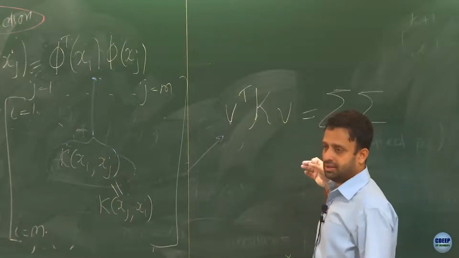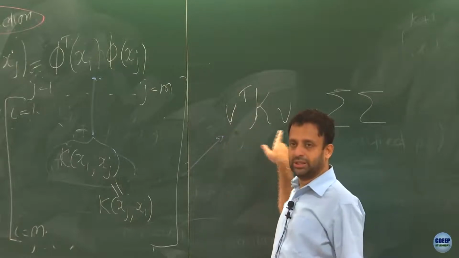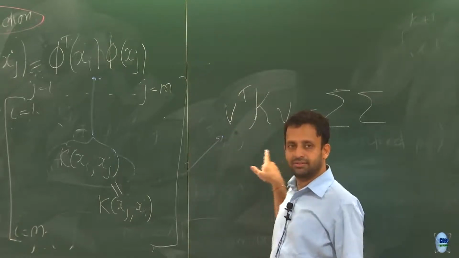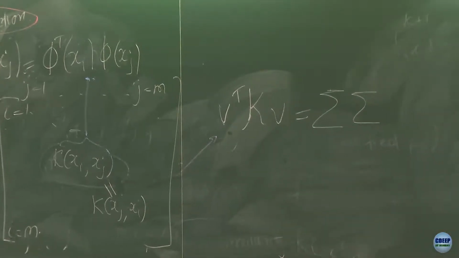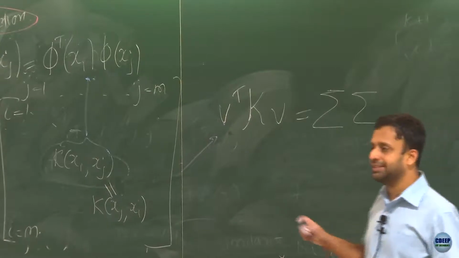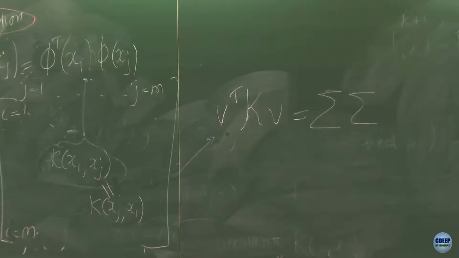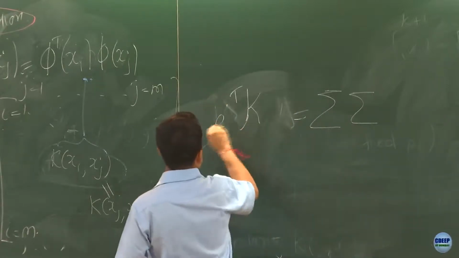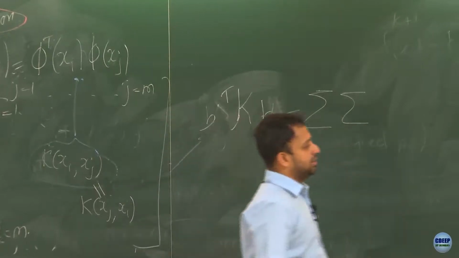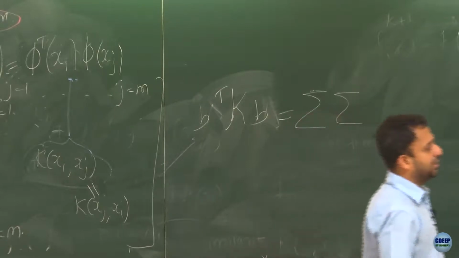A summation over all the indices in V, into the components x_i, x_j. So I will use b there, so you'll have all these components b_i, b_j, phi of x_i transpose phi of x_j.